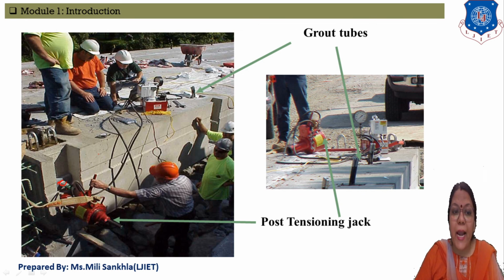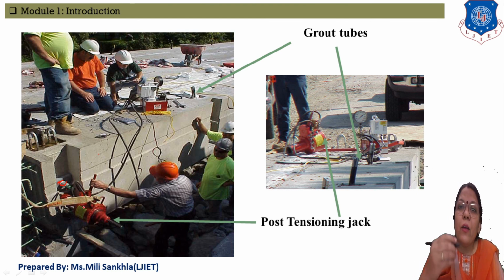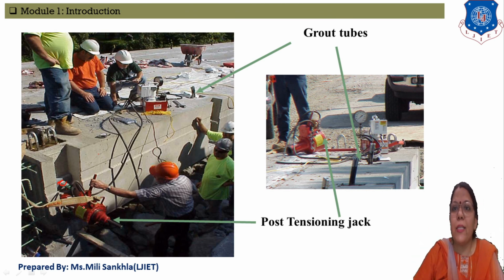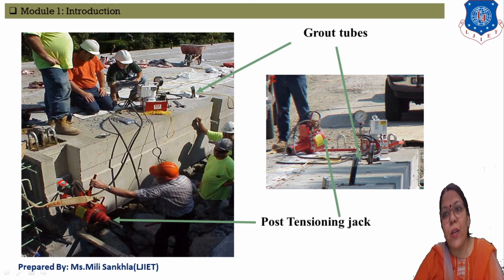A hydraulic jack is provided and used to apply tensioning force in the cable, and after that the force of the tension is transferred to the concrete. Same here, this one is bonded. Look at this, these holes are provided to fill grout.